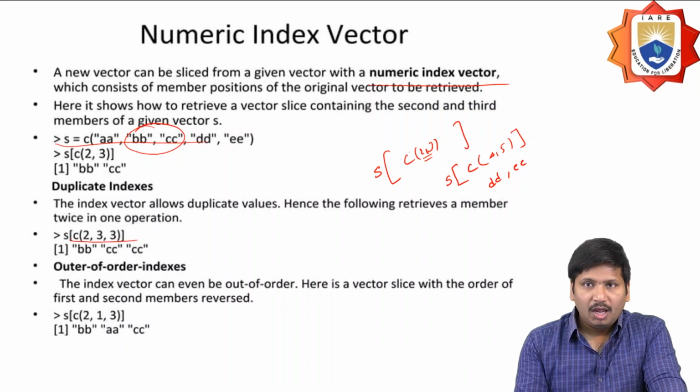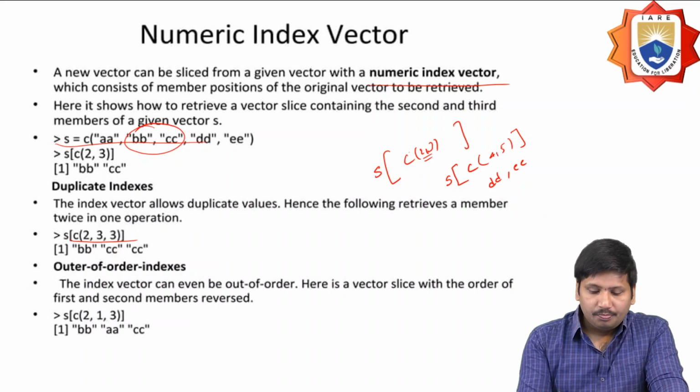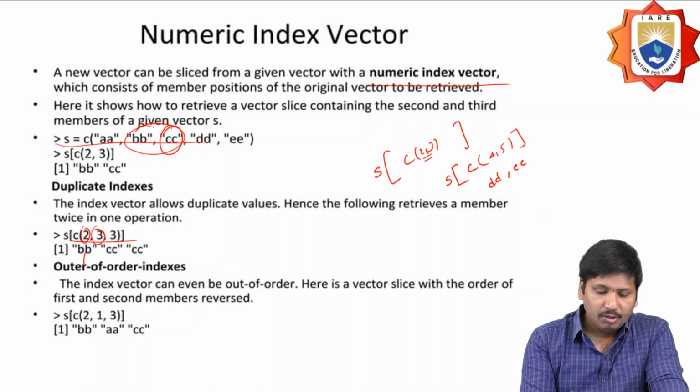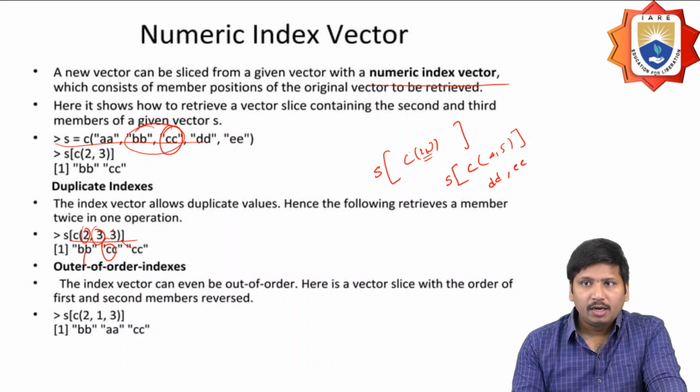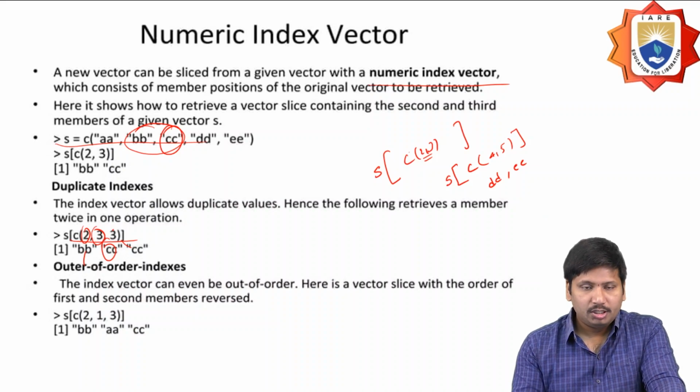What will happen? The second is BB and the third is CC, again repeating 3, so again CC is repeated. So the duplicate indexing value can also be retrieved, any number of times.